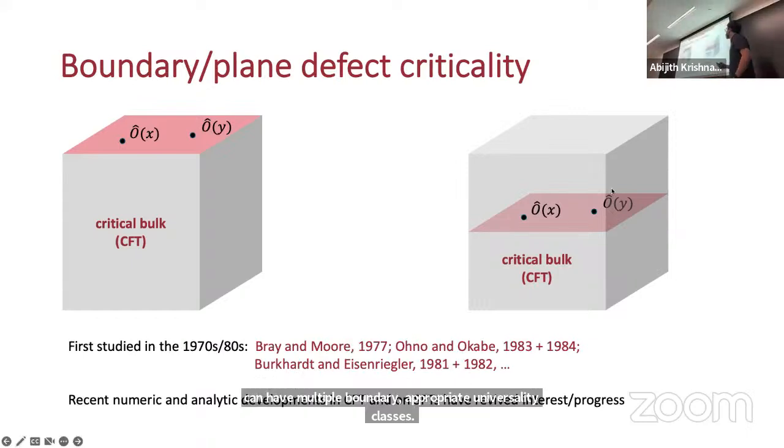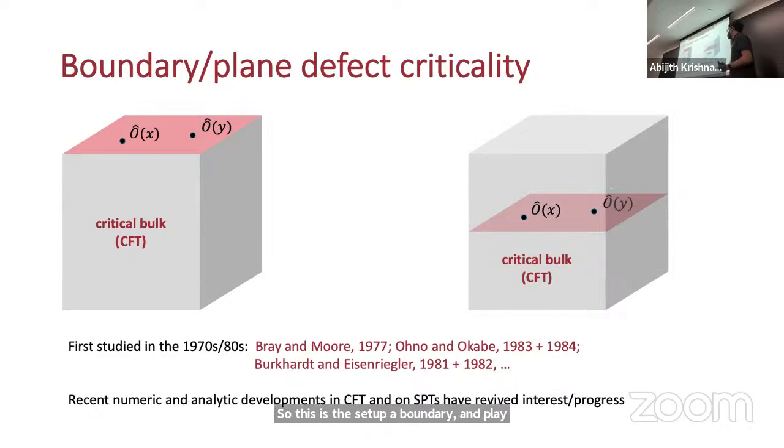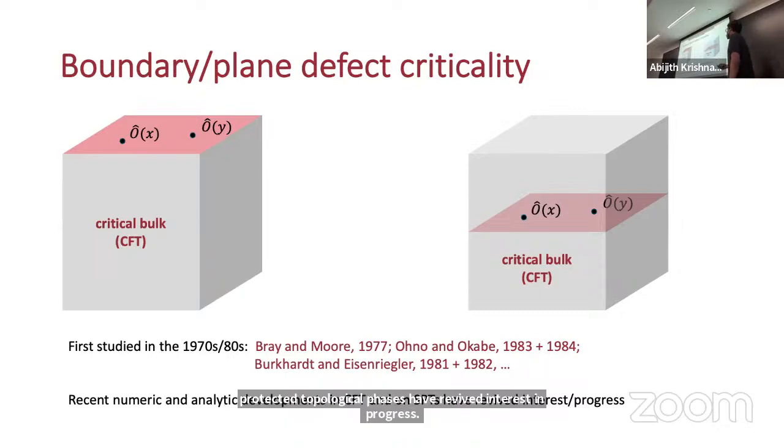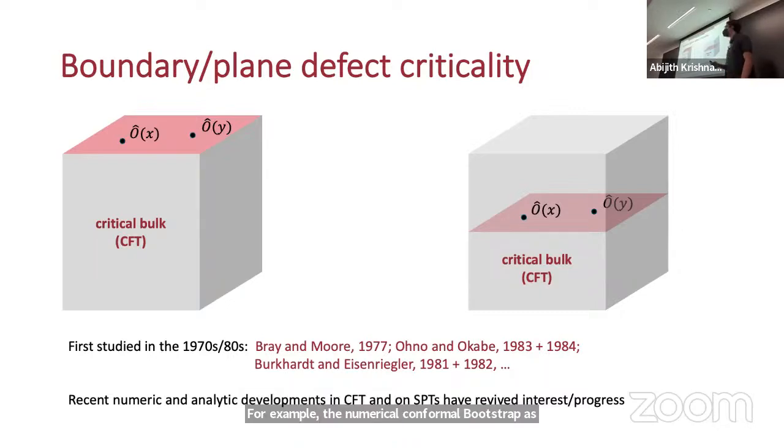So the setup of boundary and plane defect criticality was studied extensively in the 1970s and 80s, but recent numeric and analytic developments in conformal field theory and on symmetry protected topological phases have revived interest and progress. For example, the numerical conformal bootstrap has allowed us to get results in boundary criticality that we would not have been able to get in the 1970s and 80s.